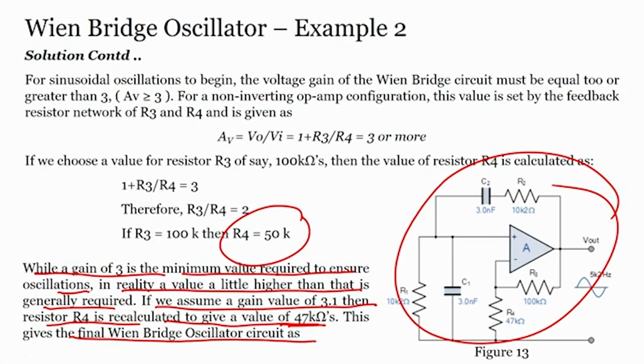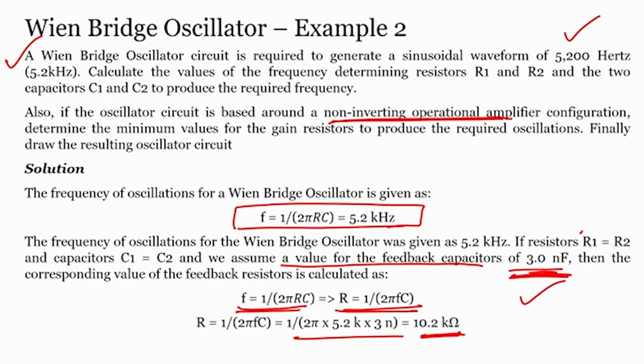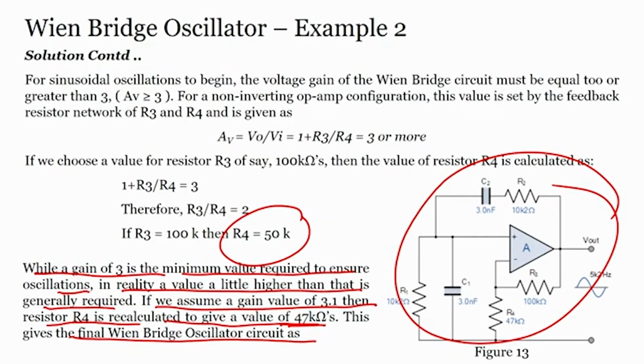So let us see what we have done for this particular problem. Quickly, we found the frequency formula, f equals 1 upon 2 pi RC. We assumed C equals 3 nanofarad, and for that we got a value of R of 10.2 kilo ohm. Then we know that it is a non-inverting op amp configuration, and the gain in the case of a Wein bridge oscillator should be greater than or equal to 3.